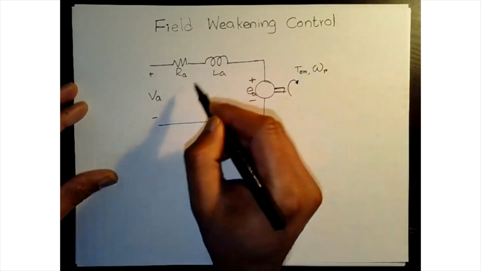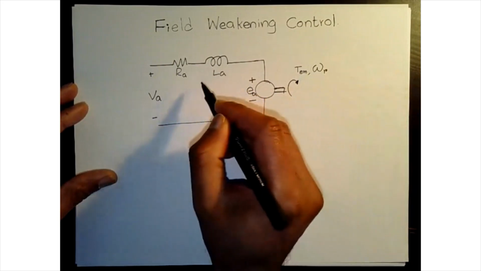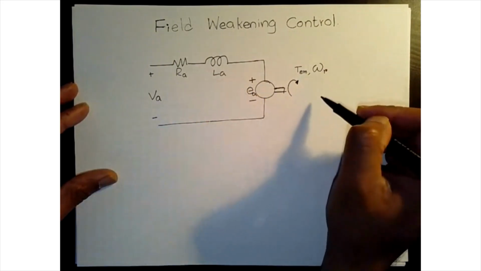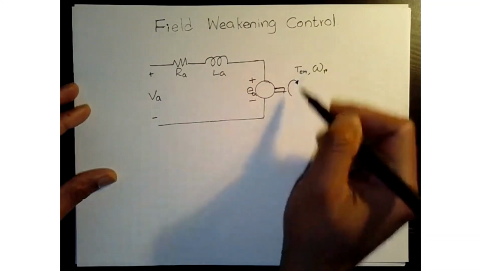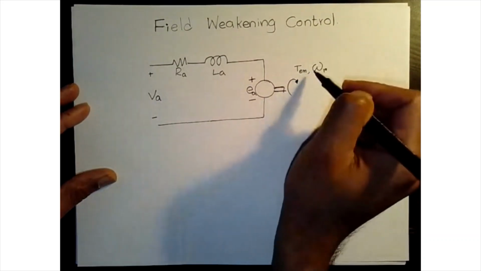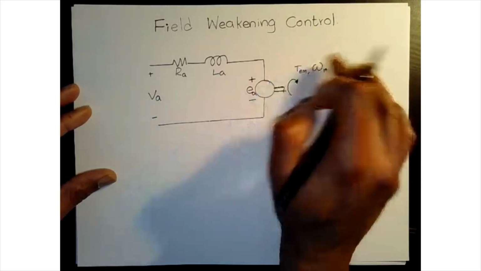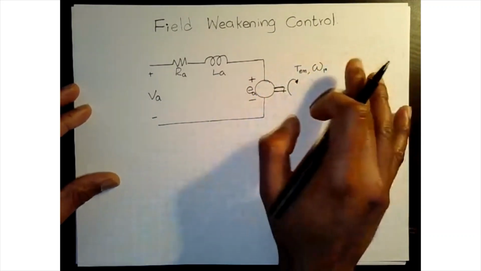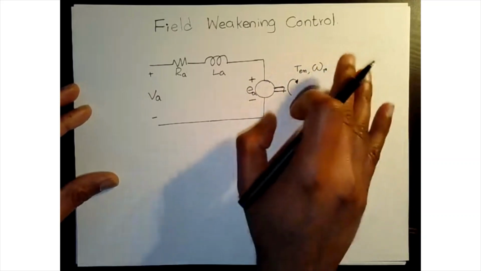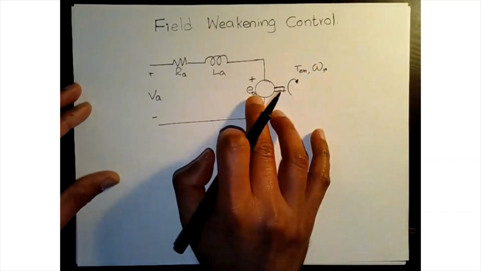We know that electrical time constant is relatively faster than the mechanical time constant. Therefore, it propagates through the mechanical system and then influences speed, because the load torque and electromagnetic torque interact. And that's what results in the speed, and that speed directly influences your back EMF.